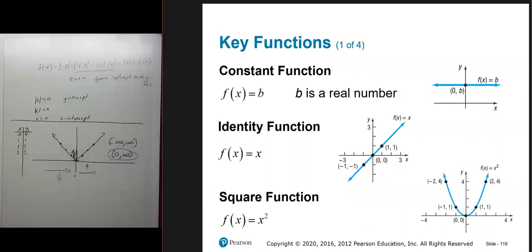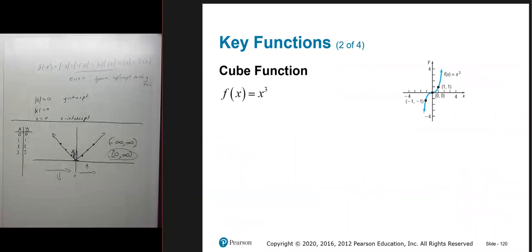The range is y greater than or equal to 0. And it's decreasing from negative infinity to 0 and increasing from 0 to positive infinity, just like the absolute value function does.